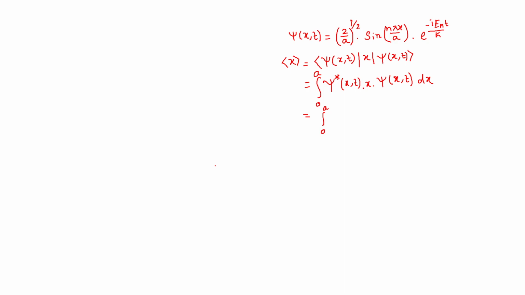Fine. What I have done is I have just separated these two parts. x was already there. I have taken this x term separately, and this is the t term. You can separate it. This is the x term which contains x and this is the t term which contains information about the time. I have separated the x terms from psi star and psi, and in the second part I have separated the time parts.